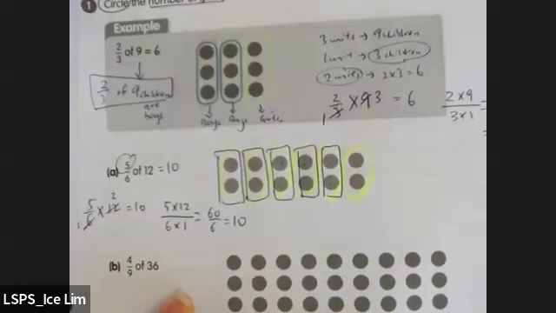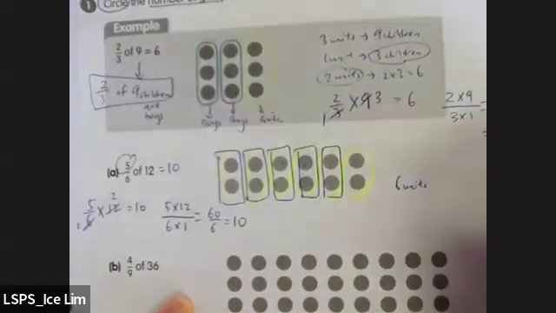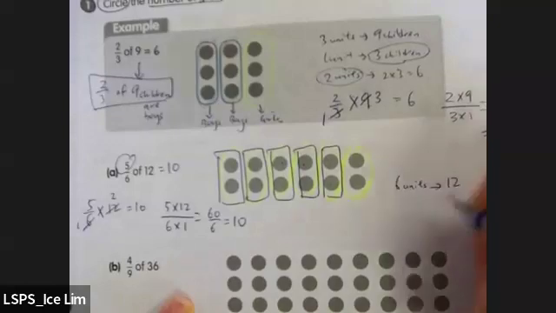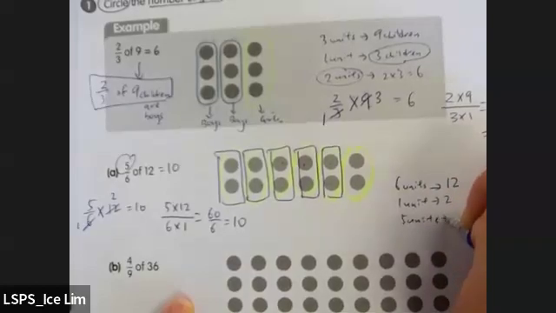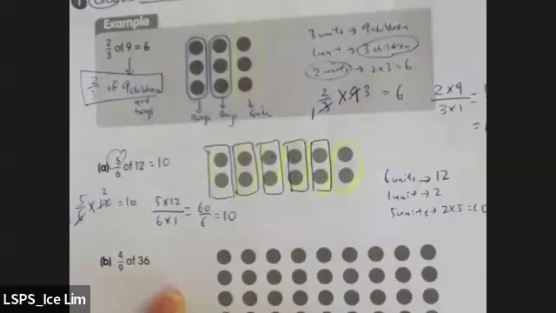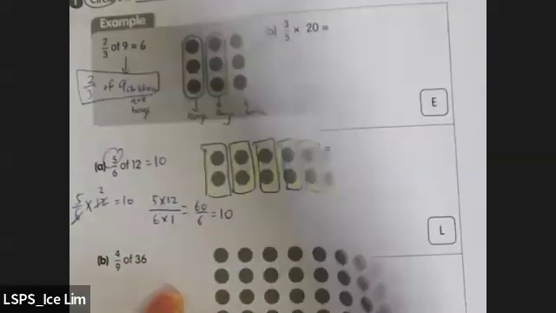I can also understand by saying, for example, there are 6 units. 6 units is 12. 1 unit is 2. 5 units is 5 times 2. That's also 10. So you can see here, there are 3 different ways how I did it.